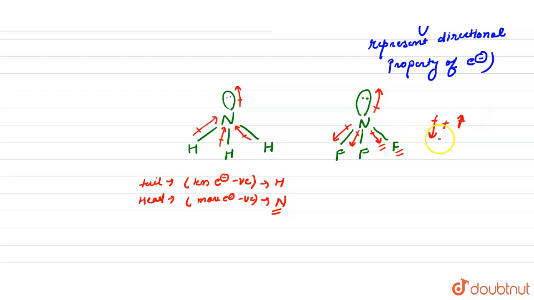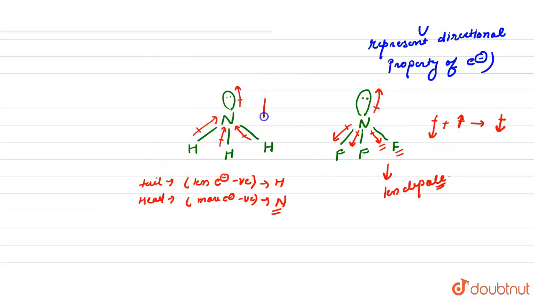So the lone pair dipole and the N-F bond dipoles cancel each other and give a net dipole less than NH3.